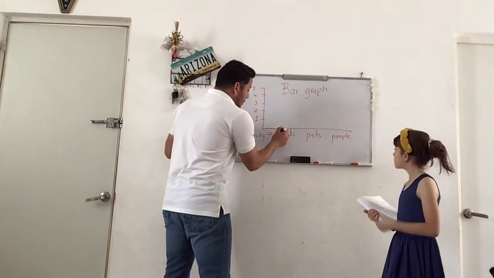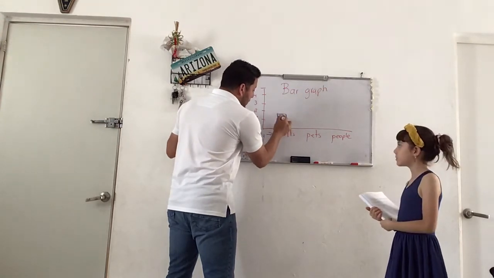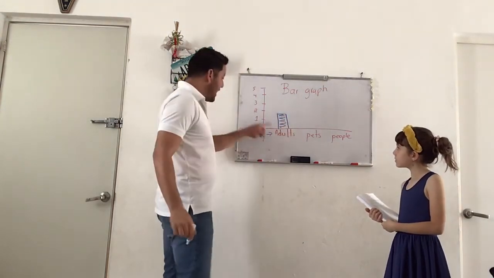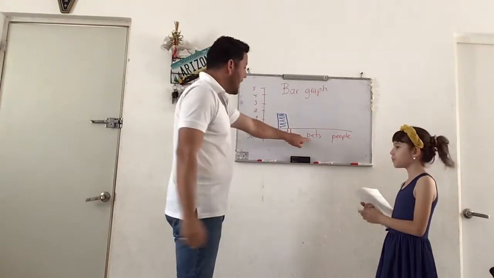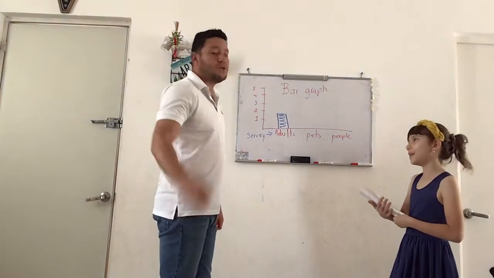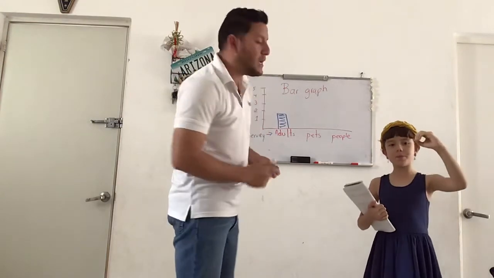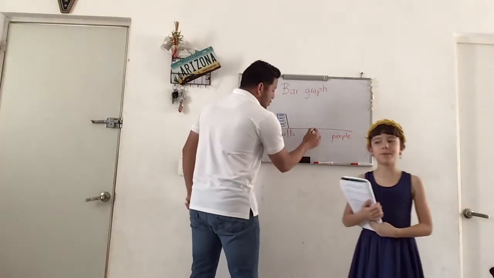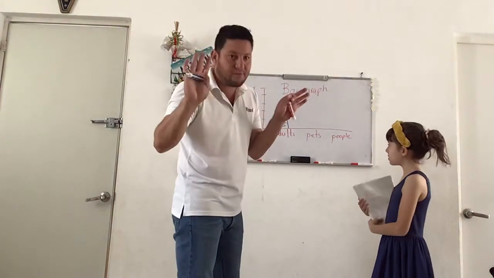And we go to number 2 and we make a bar and we color. Very good. How many pets do you have, Bianca? 0 pets. So there are zero pets, nothing, okay? So do we color or make a bar? No, we leave it blank, okay?